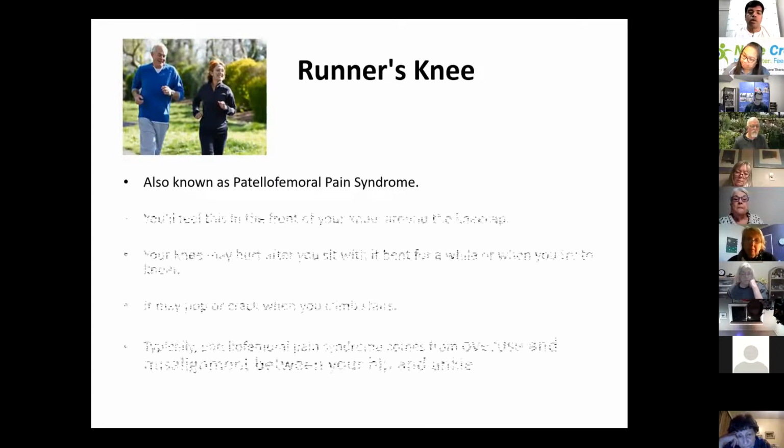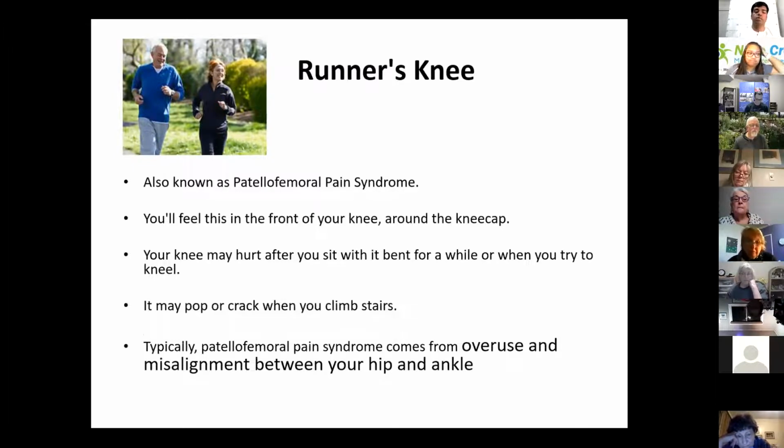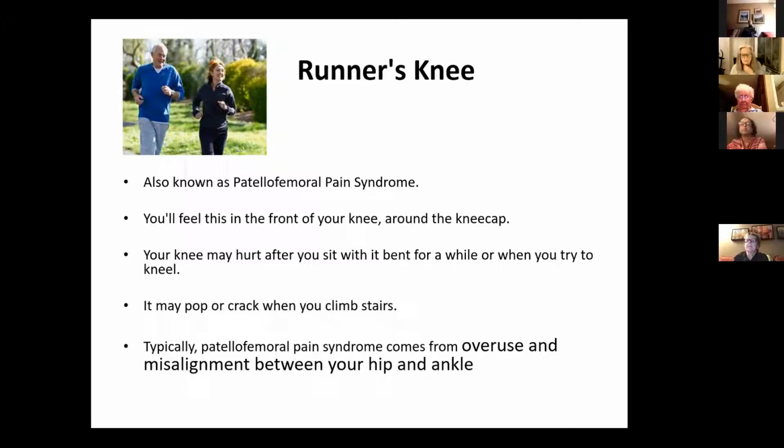So coming to the patellofemoral knee, what happens here? As I showed in the first picture, the kneecap stays on the thigh bone, and it's like in a track. Whenever we are trying to move, the kneecap has to roll on the thigh bone in a specific direction.